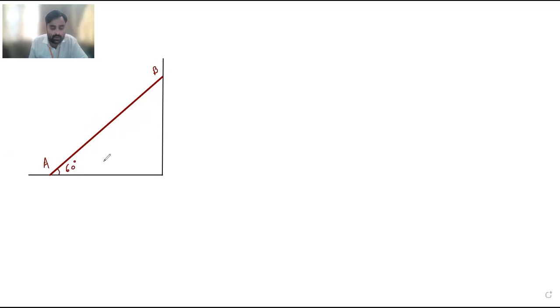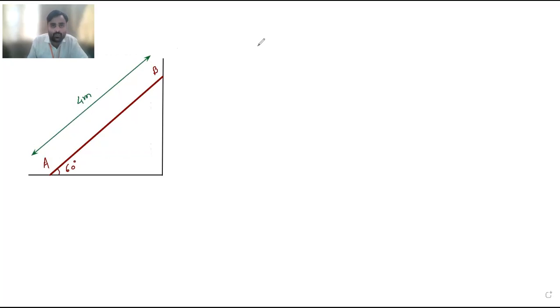Then what they have told us, the length of the ladder is given in the diagram. So some data is given in the diagram also, so you have to check the diagram. The total length of the ladder is 4 meter.